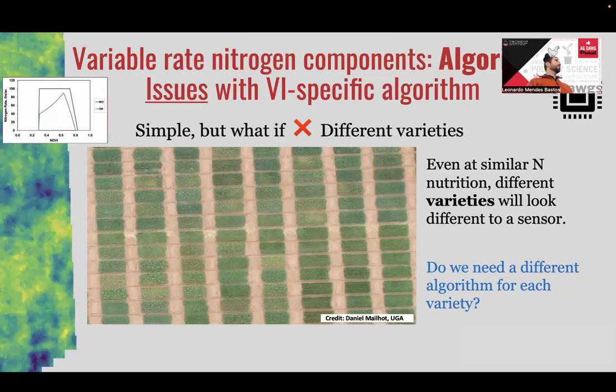We don't want to assume that the field looks different because of nitrogen stress when that may be a hybrid difference. Some of those things we're going to address using a different algorithm that's not vegetation index specific. And some we're going to address using something called a sufficiency index, which I'm going to tell you about in the next slide.